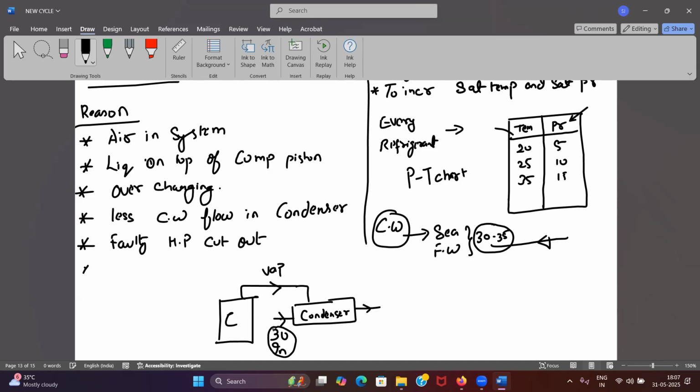With this 30 degrees Celsius, can my vapor, which is right now at 85 degrees Celsius, condense?